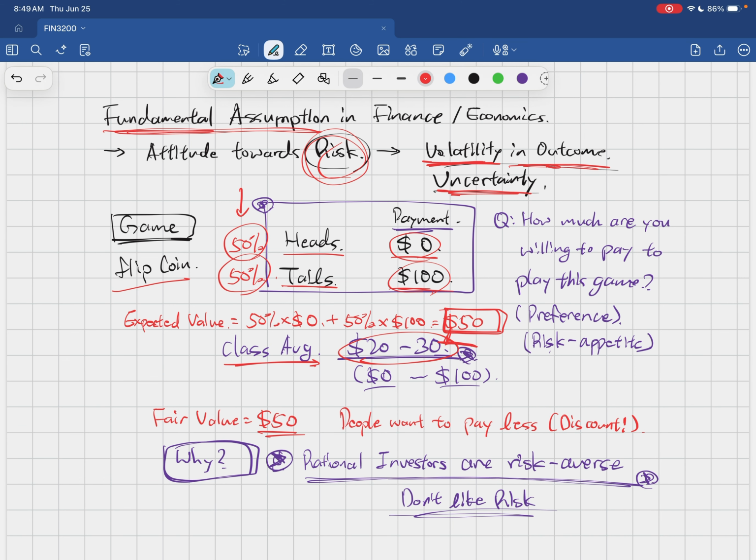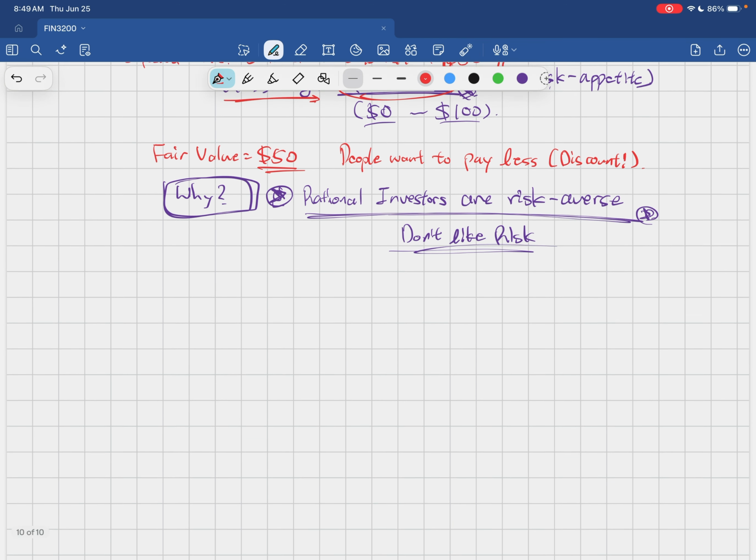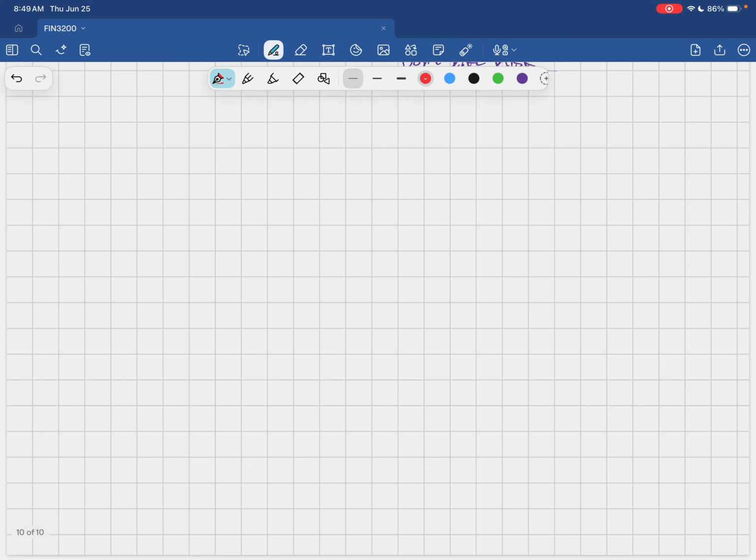I'm going to illustrate this one more time using a different example. Again, we're talking about risk aversion. Here, I'll give you two choices. Choice one is someone will give you $1 million for sure.